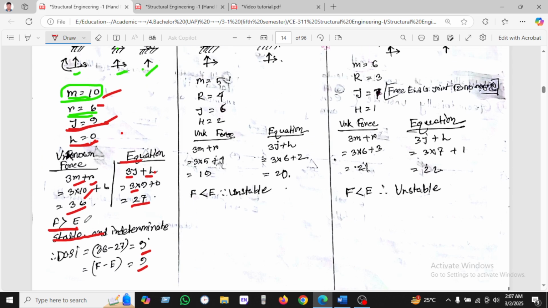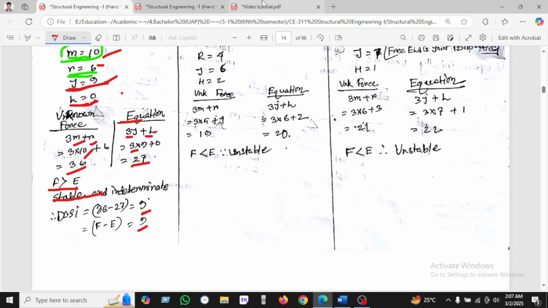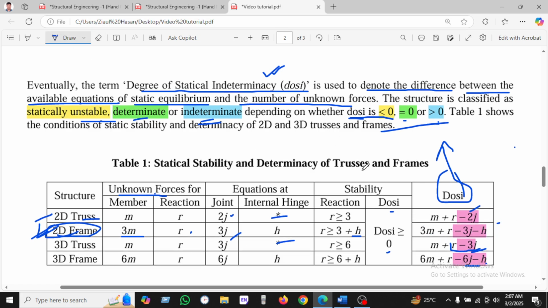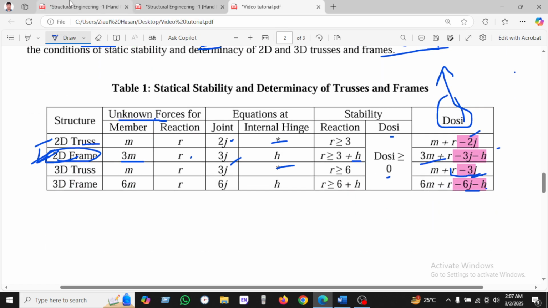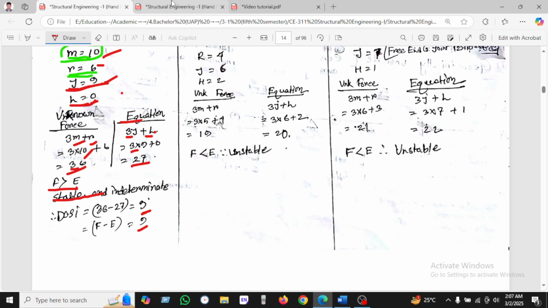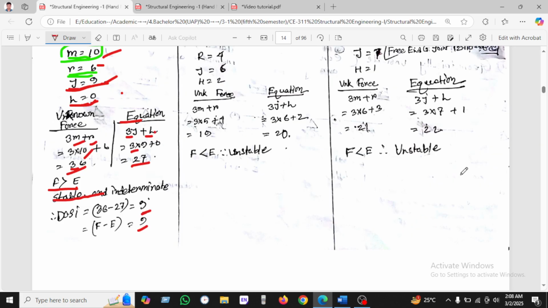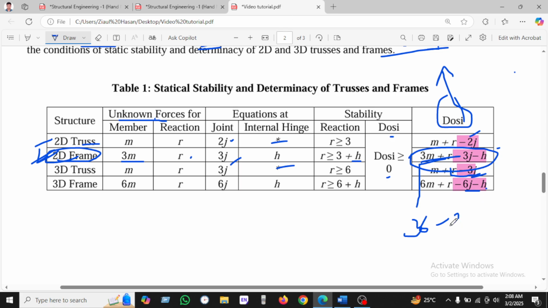On the other hand, we can also use this equation. If we use this equation, we find here 36, and 3j plus h is 27.